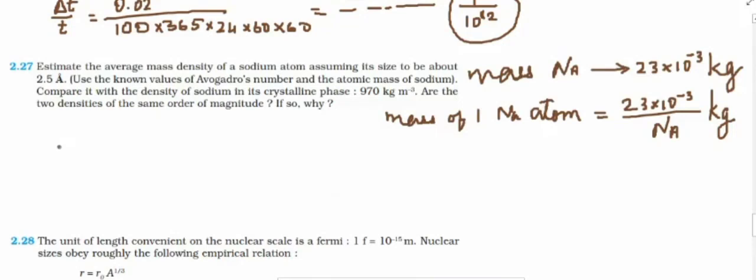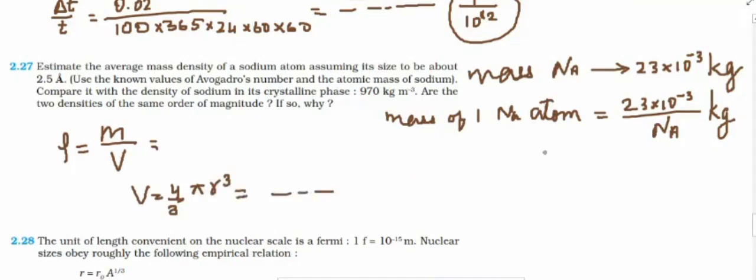Then we are asked to calculate density. Rho is equal to mass divided by volume. Volume you can calculate using the formula V is equal to 4 by 3 pi r cube, assuming it to be spherical. First find the volume, then you can find mass also. Once you get the mass and volume, then you can find the density of sodium atom.